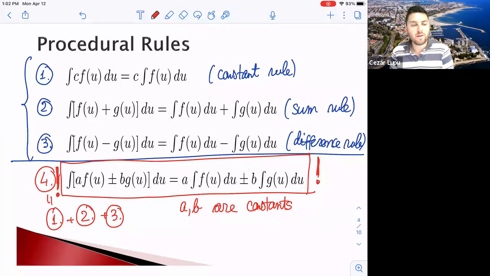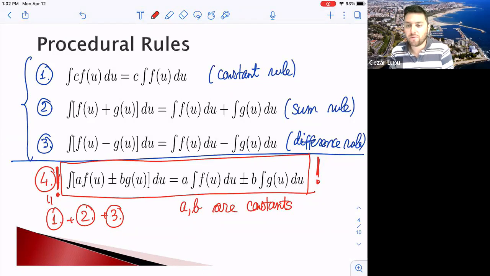In other words, the integral of a f of u plus or minus b times g of u du is a times the integral of f of u du plus or minus b times the integral of g of u du. So all the first three combined will give you the fourth one.